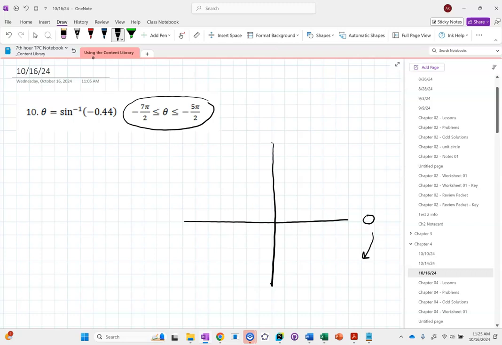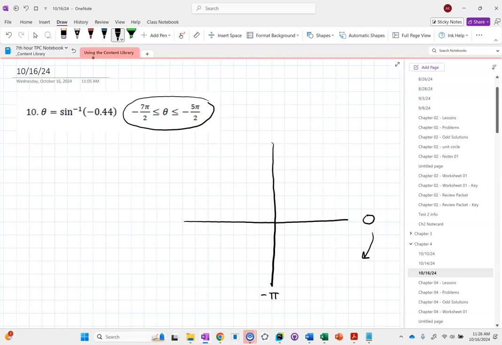Everybody's good? Now I'm going to count each quadrant one at a time. Each quadrant is 90 degrees, or if we're working in radians, that's the same thing as pi over 2, or 1/2 a pi.